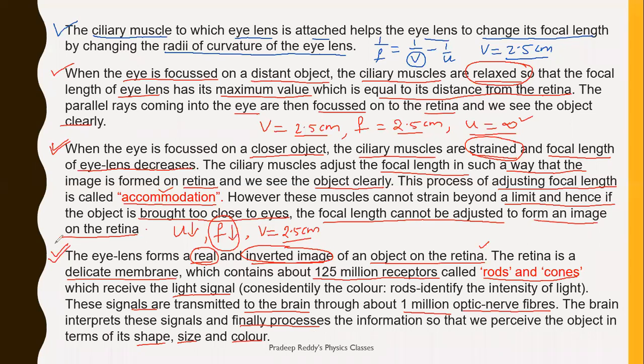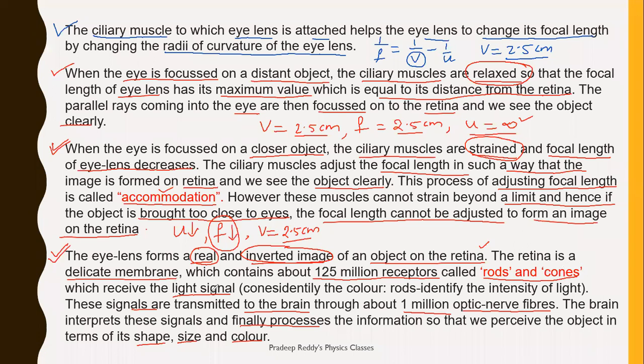So this is the last point, where on the retina you will always get a real image, and that is inverted. The retina is a delicate membrane which consists of 125 million receptors, called rods and cones.